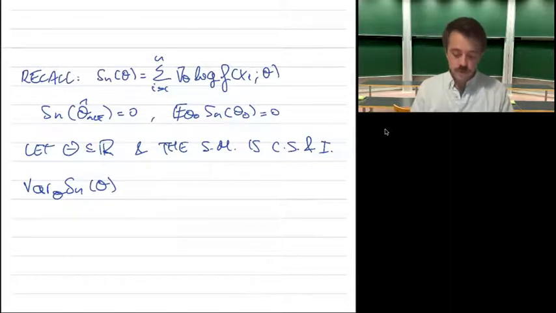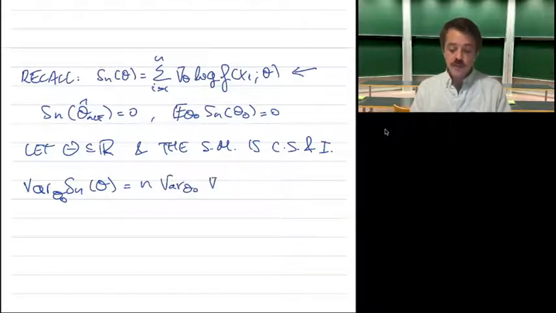Actually, let me make it a function: let me put the theta naught, the true one, here, and then make it a function of theta. It's simple to check that, with this expression for the score function, this is given by the variance under theta naught of the derivative.